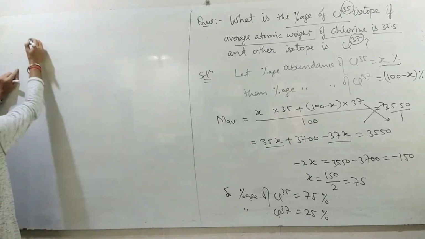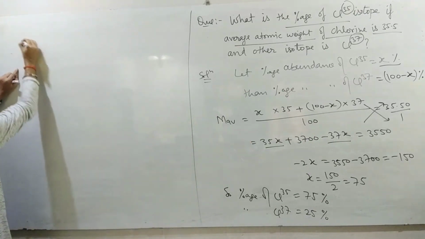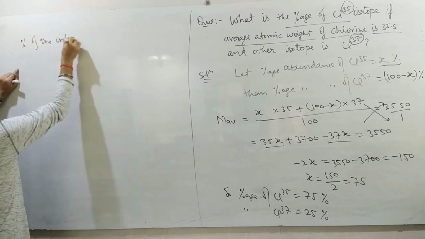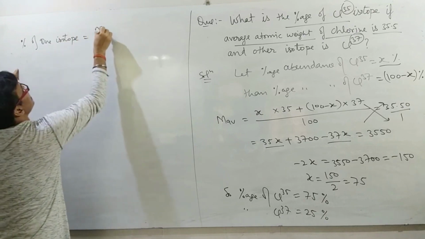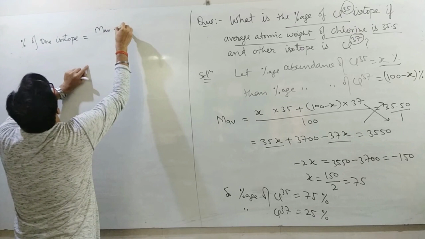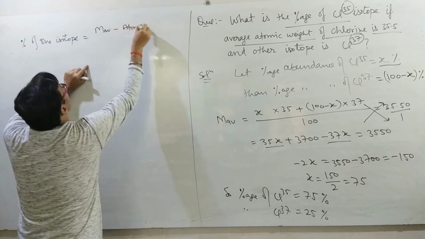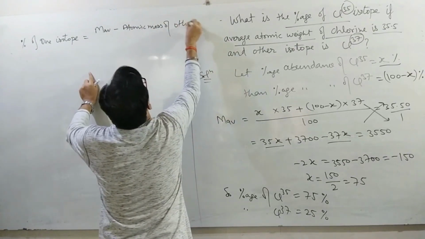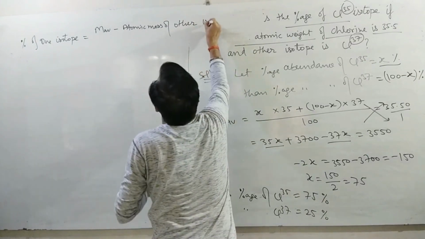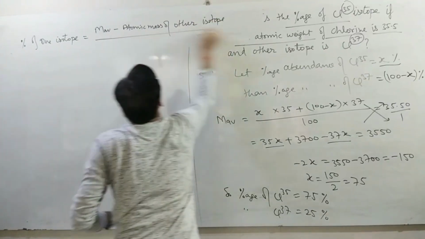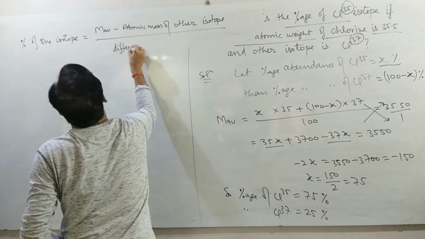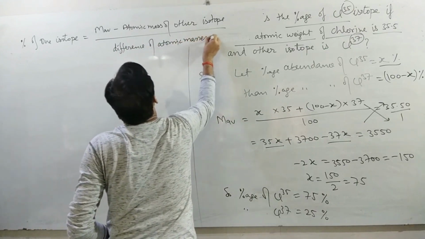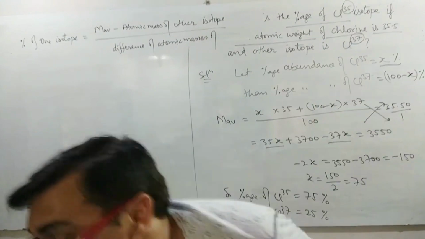For this, you have to remember that the percentage of one isotope is equal to the average atomic mass minus the atomic mass of the other isotope, divided by the difference of atomic masses of both isotopes.